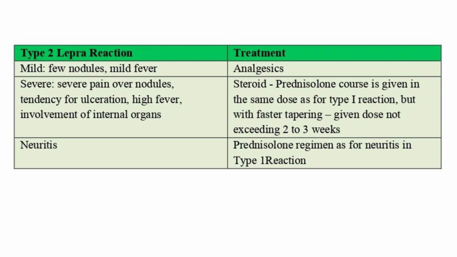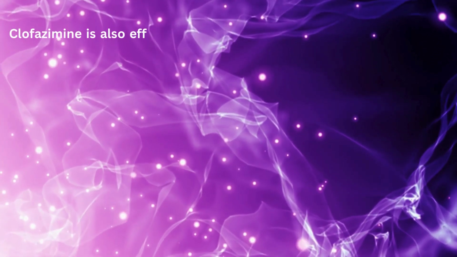Type 2 leprosy reaction, severe: severe pain over nodules, tendency for ulceration, high fever, involvement of internal organs. Treatment: steroid. Prednisolone course is given in the same dose as for type 1 reaction, but with faster tapering, given not exceeding 2 to 3 weeks. Type 2 leprosy reaction, neuritis. Treatment: prednisolone regimen as for neuritis in type 1 reaction.